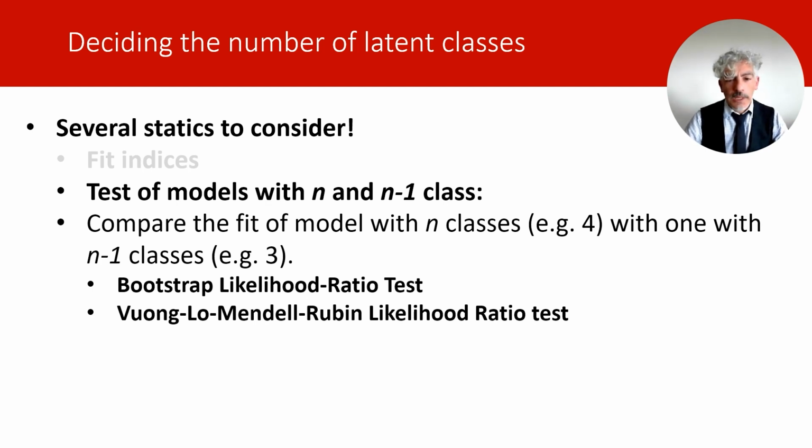And so on, we can then run other comparisons of a model with 4 classes against a model with 5 classes, and so on, until we find a model whose fit is not significantly different from the model with one less class.